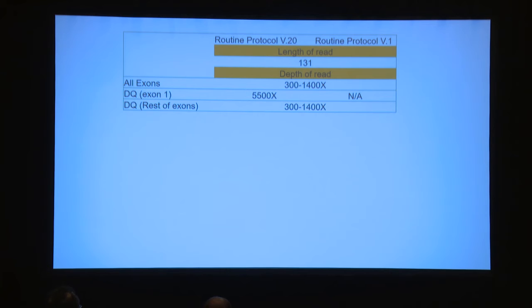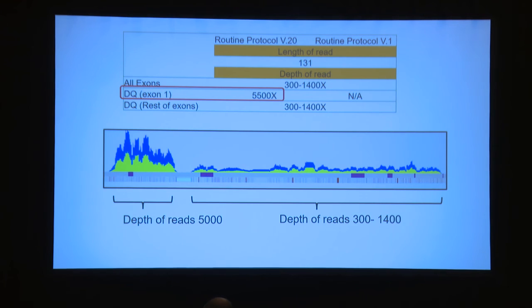And then when you look specifically at exon 1 of DQ, I haven't seen this number before. We have got a depth of read of 5500x. So when you look at the histogram, what you see in purple is the exon. The first exon is exon 1, and then exon 2, 3, 4, and 6.